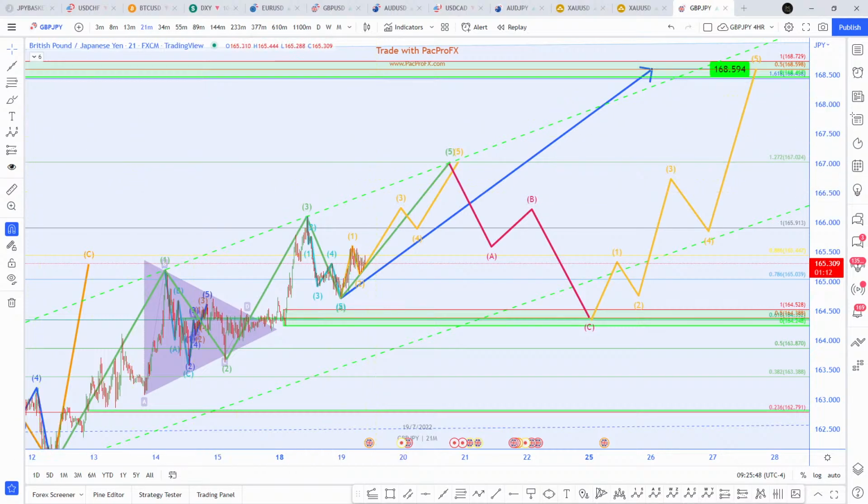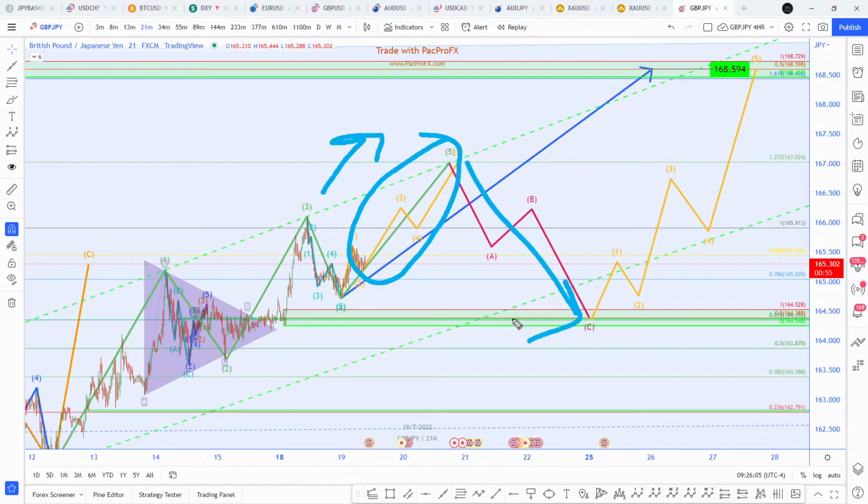So it looks like our interest rate decision is going to prop up the British pound, Japanese yen, go up here, and then when everything starts to cool off, it'll correct, which usually is in a couple days. So that makes some sense.